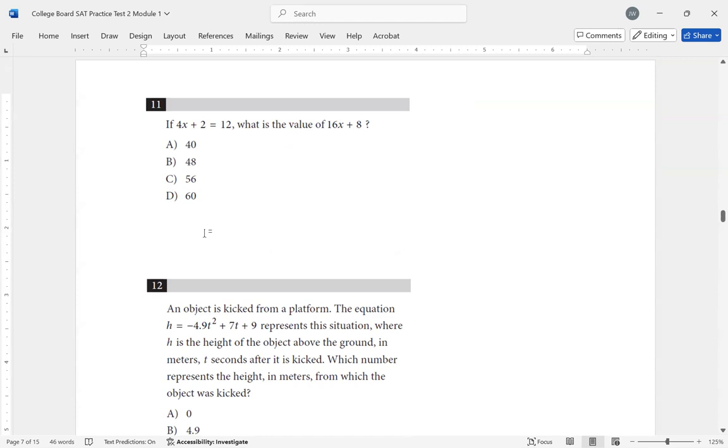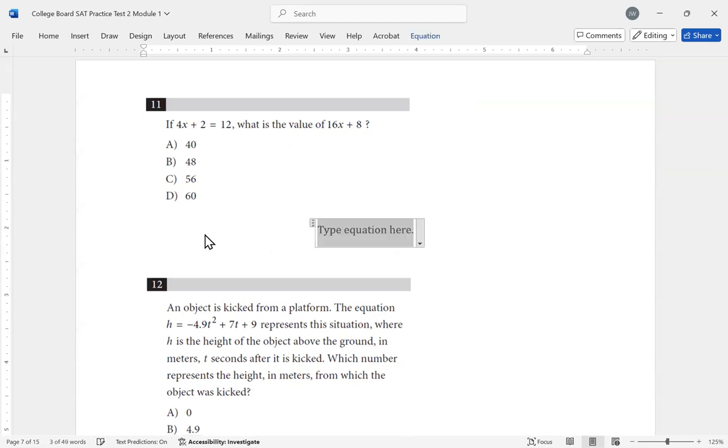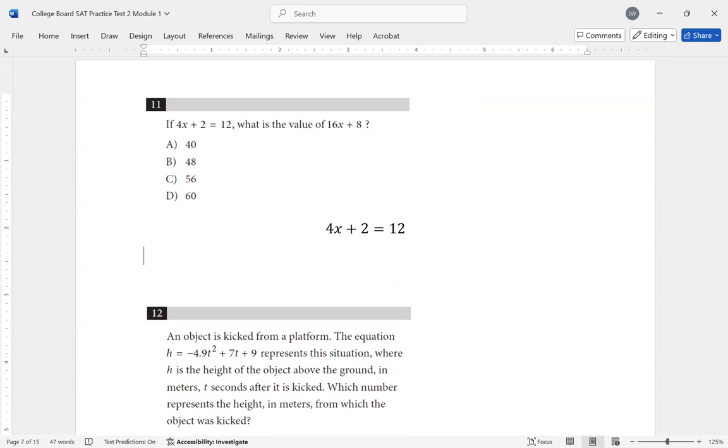Question 11 says, if 4x plus 2 is equal to 12, what is the value of 16x plus 8? Again, there's going to be a couple of different ways to solve this. I'll just use one method, the method that I think is the quickest.